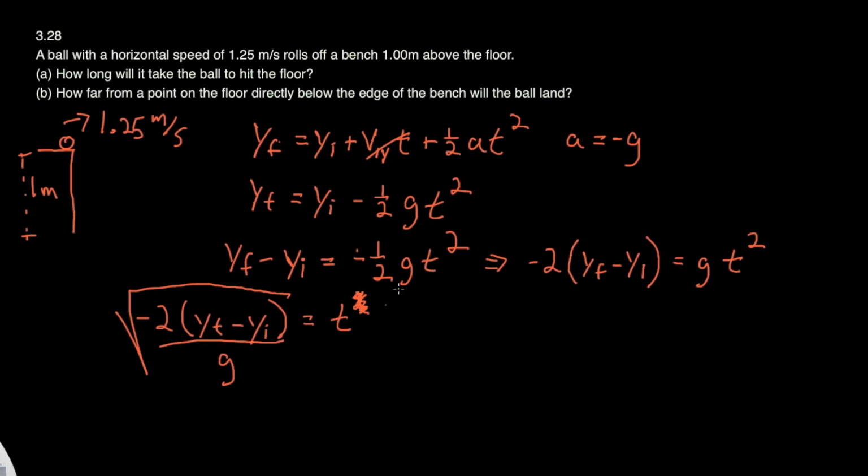The final position is 0, so negative 2 times 0 minus the initial position, which is 1, over g, which is negative 9.8. Oh, we already accounted for the negative up here when we put in g. So 9.8 meters per second squared.